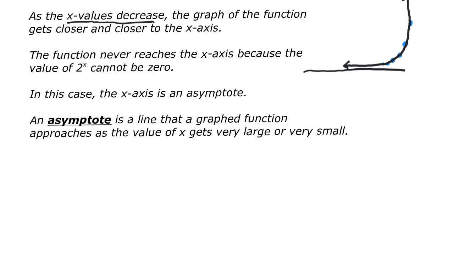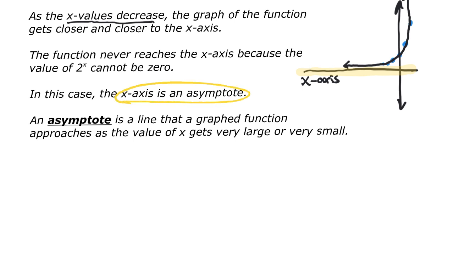So there's your x-axis from the previous page. My y-axis is right there. Notice it never hits 0 because it never hits the x-axis right here. In this case, the x-axis is called an asymptote.